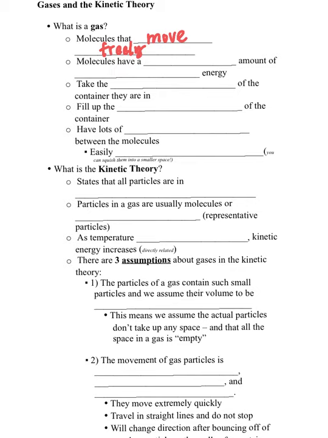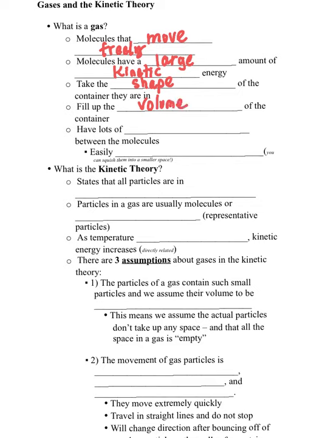They are molecules that have a large amount of kinetic energy. They're moving about very quickly, and they take the shape of the container that they are in. They fill up the volume of the container.